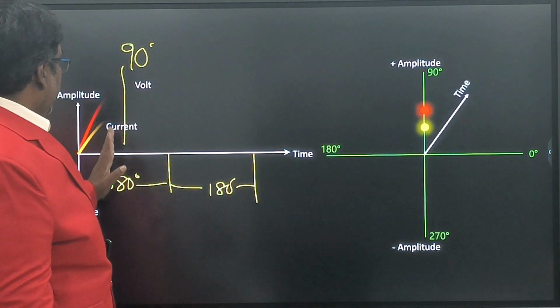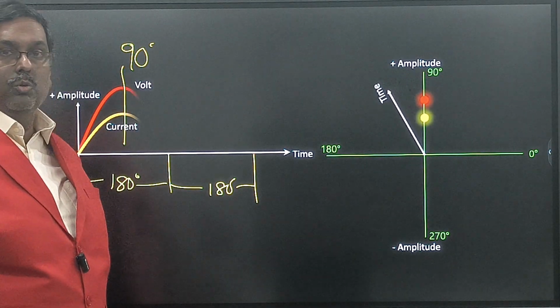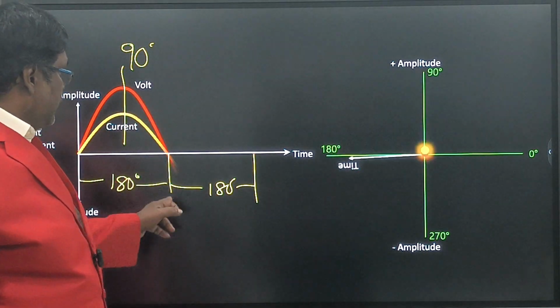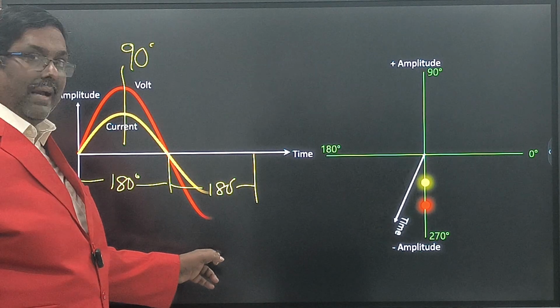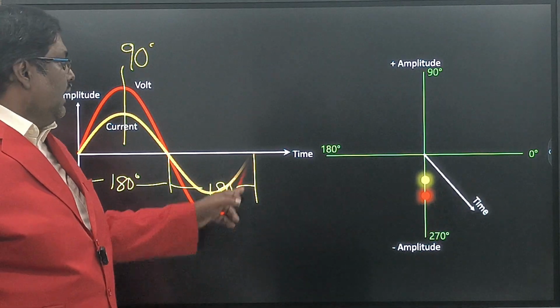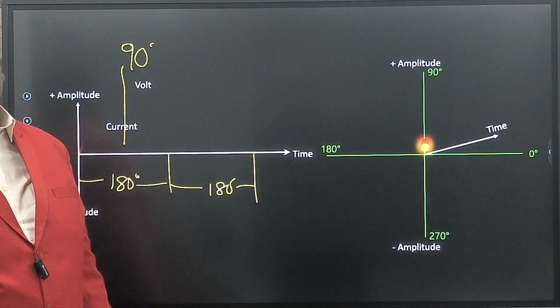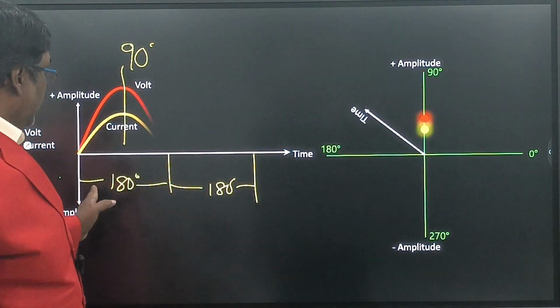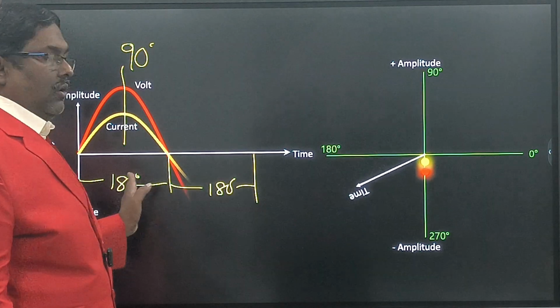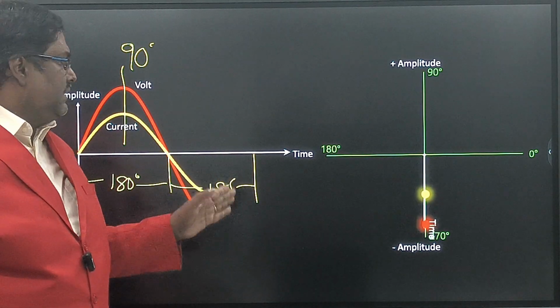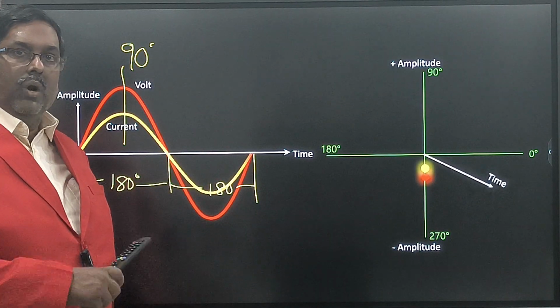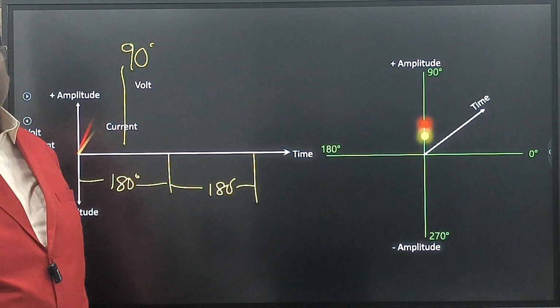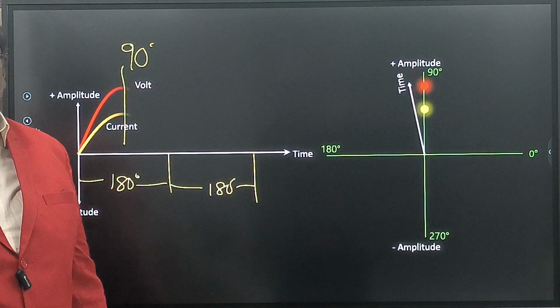So 90 degree will be the maximum current and maximum voltage, and 180 degree will be 0, 270 degree will be the maximum in the reverse negative direction and it is coming back to 0. Okay, this is the representation of that. Now you understand why we are not calling it in seconds and we are calling it as a degree. If it is 360, if it is finished, it means one cycle is completed. Got it? So I think it is very clear.